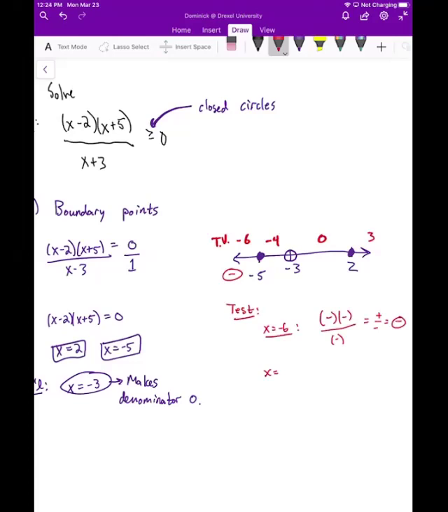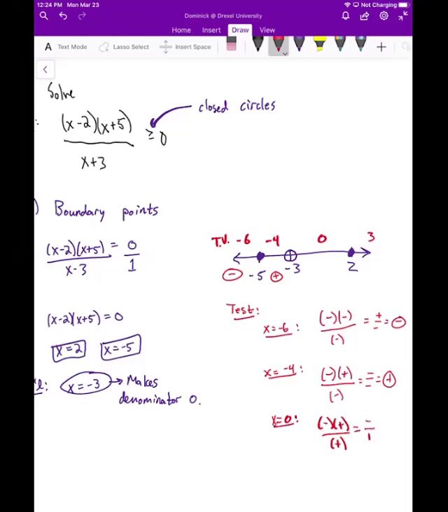If we test x equal -4, we'll get a negative, we'll get a positive this time, and then this will still be negative. So what will happen is we'll get negative over negative, which is positive. So that section is positive. If we plug in 0, we get a negative times a positive over a positive.